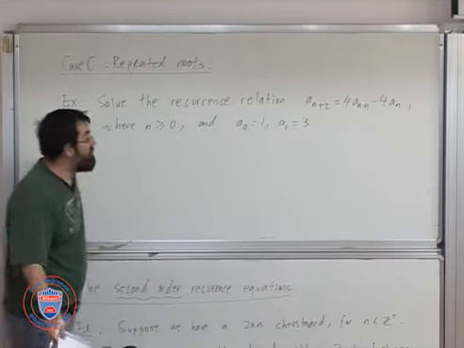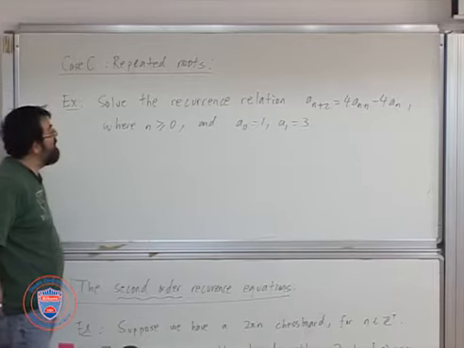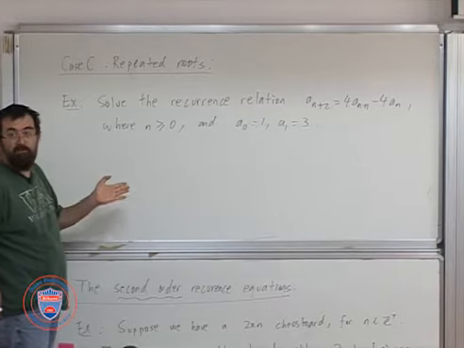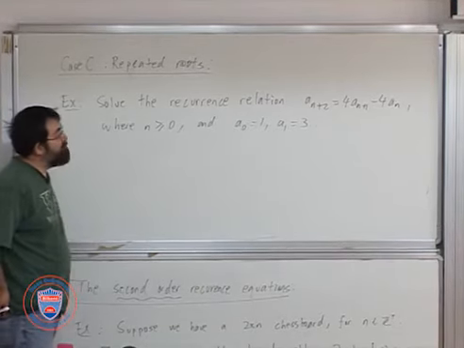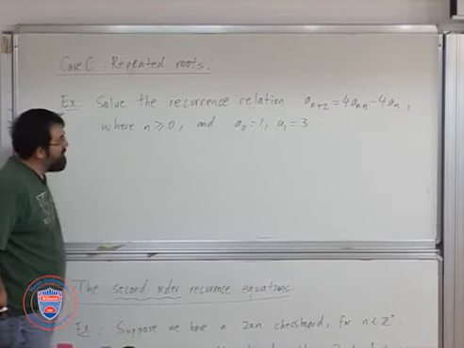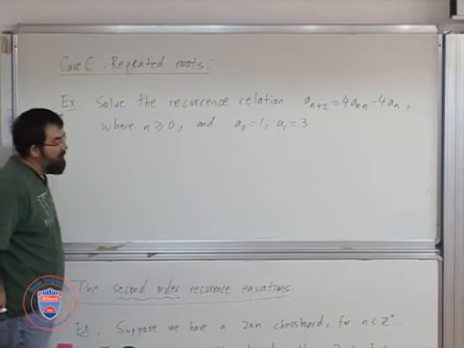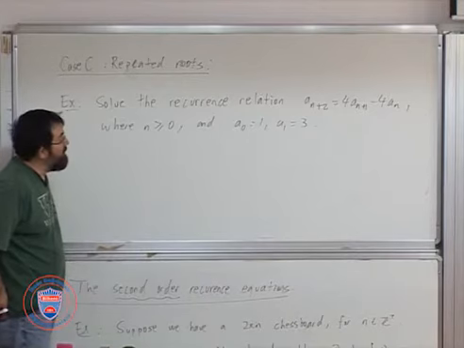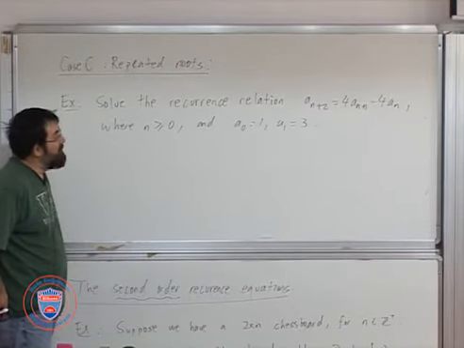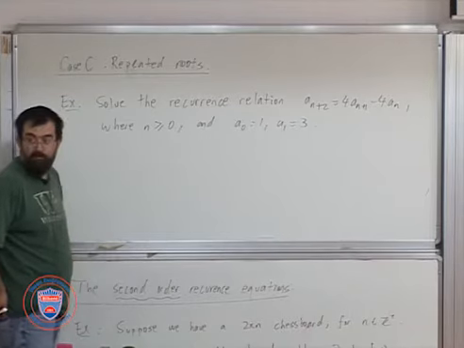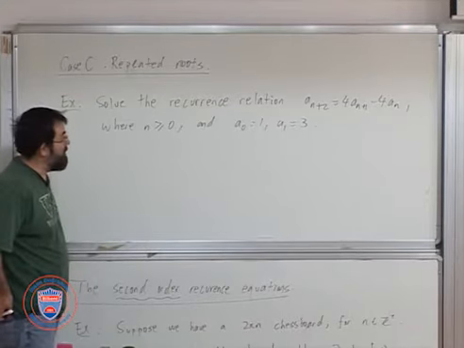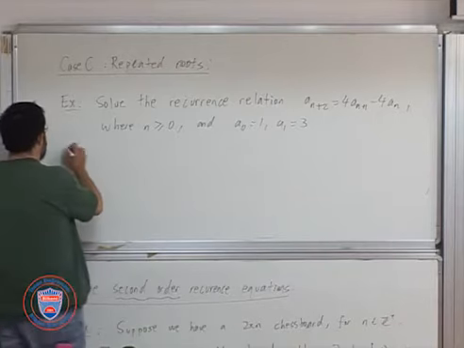So this is a recurrence, again, second order recurrence. It looks exactly like the ones we solved before. There is no difference in the setup. But when we face the characteristic equation, we'll see that there will be only one root, and we'll see how to handle that.